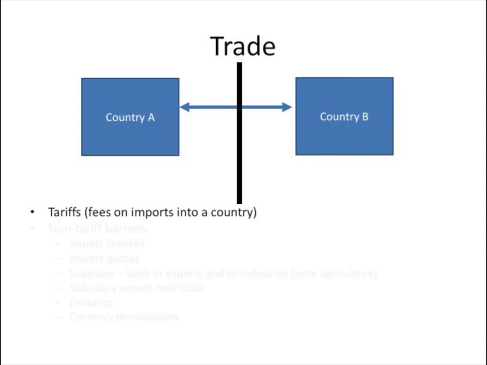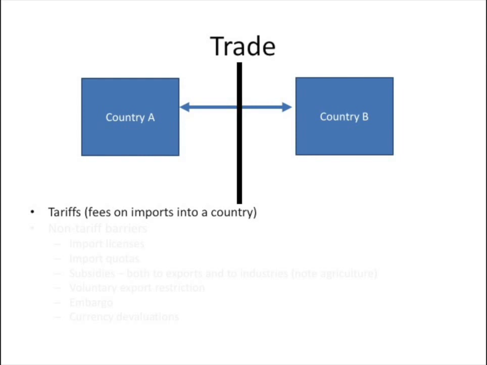One of the first items that come to mind are tariffs, which are fees or taxes placed on the imports into the country. For example, country B could put a tariff on imports of corn from country A. It could be a $1 per bushel fee or tax, whichever you prefer.